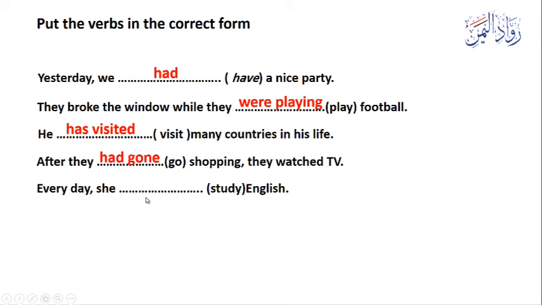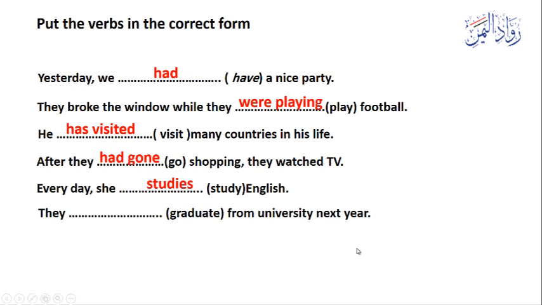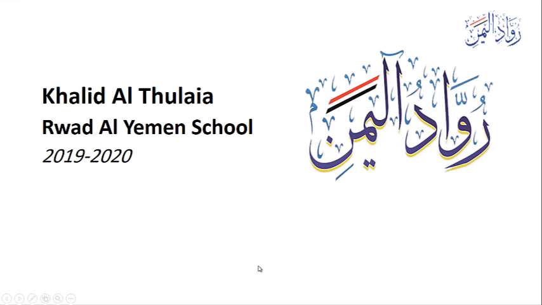Repeated action here. She studies. They graduate from university next year. Next year. They will graduate from university next year. You can use also going to, yeah. Now I come to the end of the second episode.